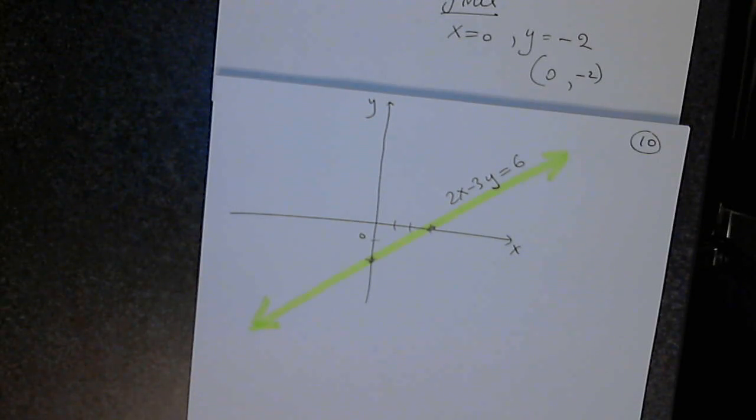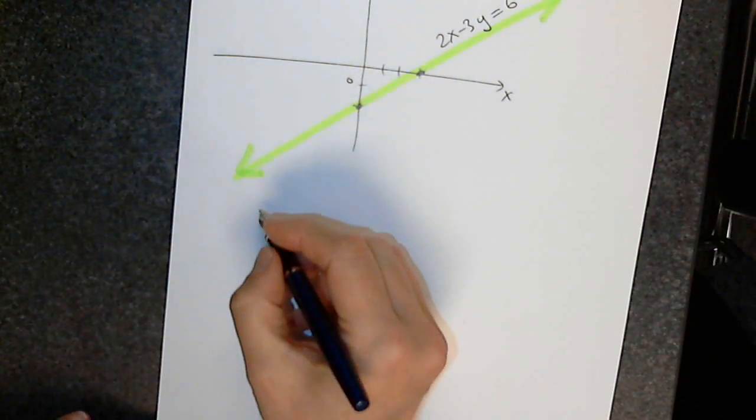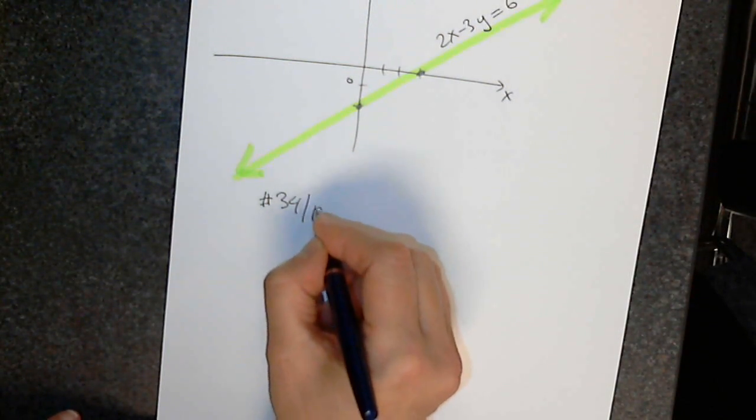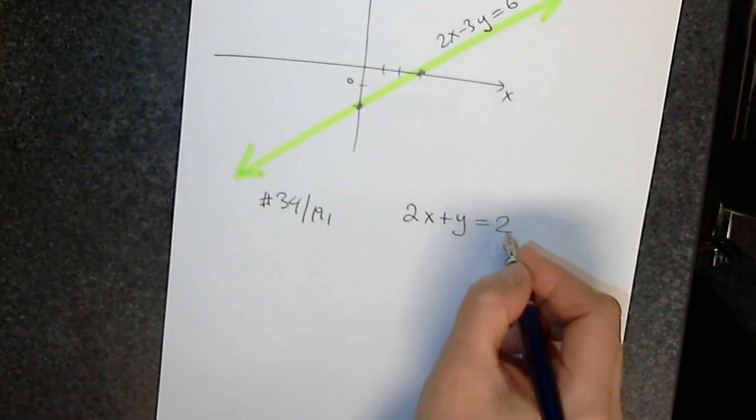Okay. I would like to graph number 34 on page 191. 2x plus y equals 2.